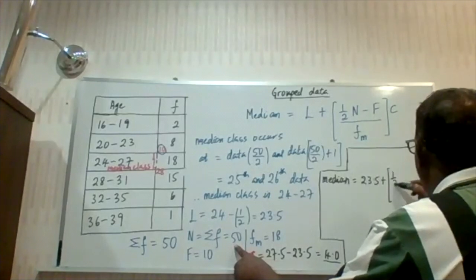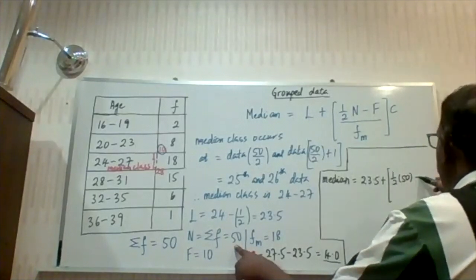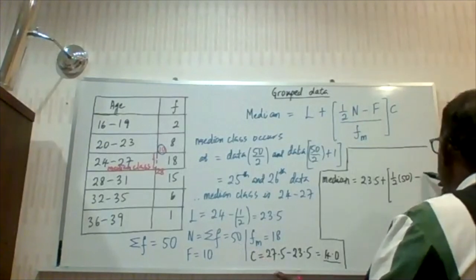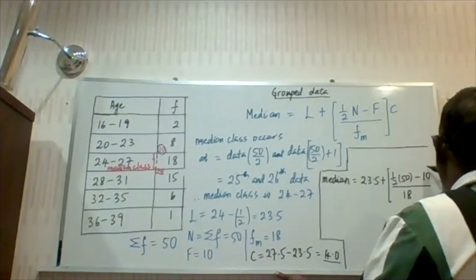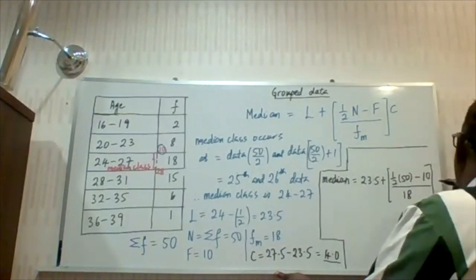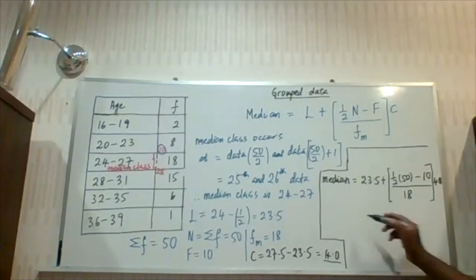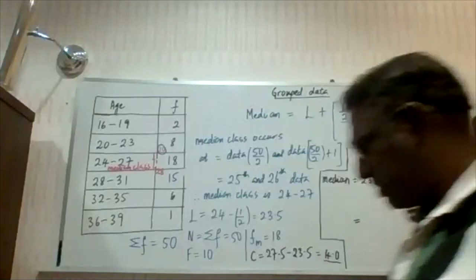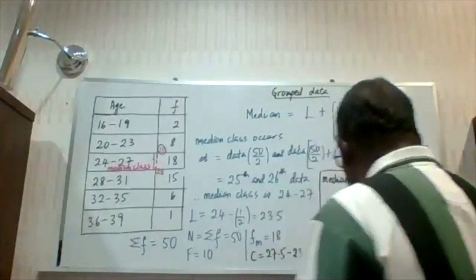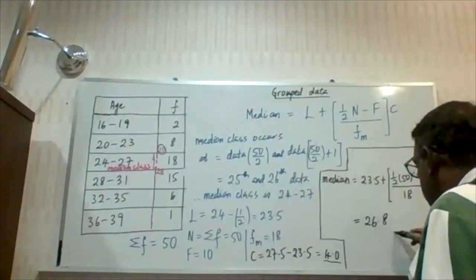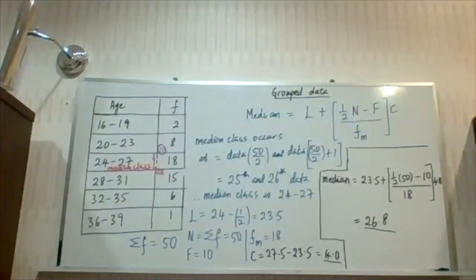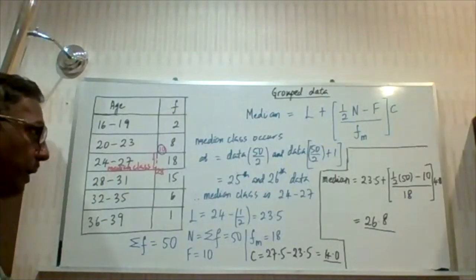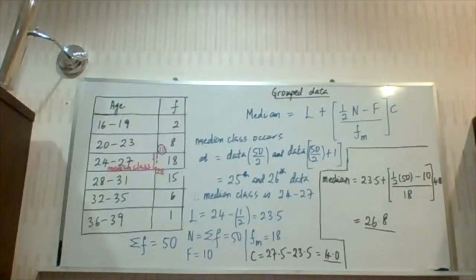So it is half of 50, minus my capital F, which is 10, divided by small fm, which is 18, and the whole thing I multiply with 4.0. So you work that out, and that will give you the answer of 26.8. So it works out to be 26.8, and that's your median. So you should get all the values there. Okay, take it down, please.